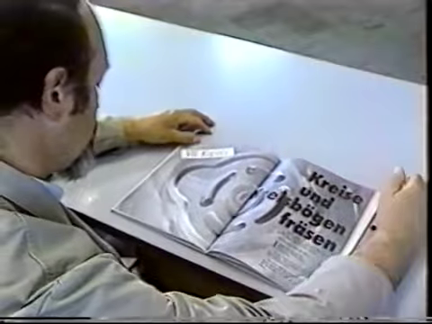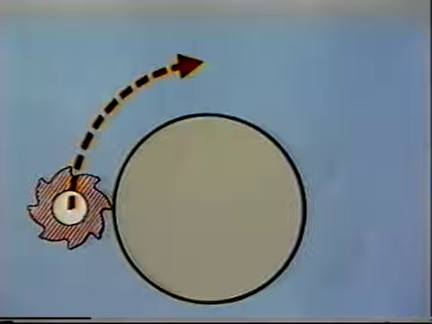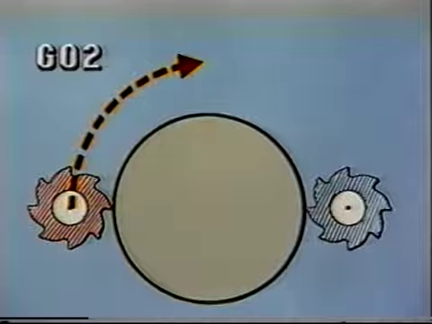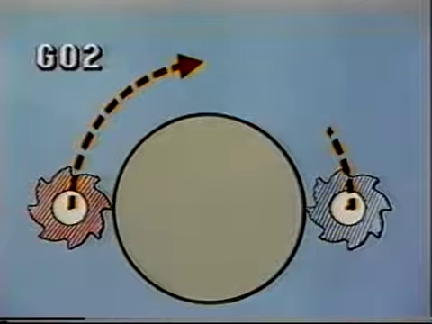Here it is, milling circles. There are two different path conditions for milling circles. Clockwise with G02, counterclockwise with G03.